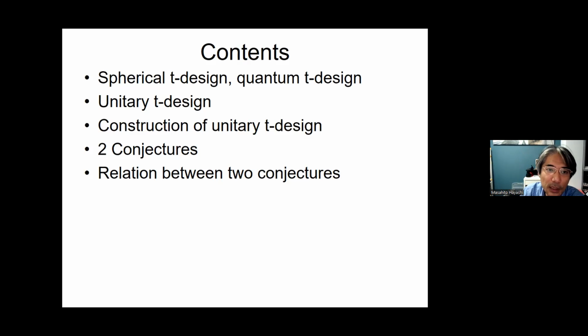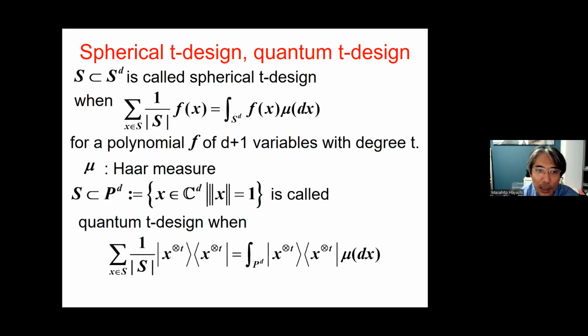So firstly, what is the spherical T design? Spherical T design is this one. So f is a polynomial with d plus 1 variables with degree t. So now we consider the d-dimensional sphere. The d-dimensional sphere can be regarded as a subset of the d plus 1 dimensional vector space.